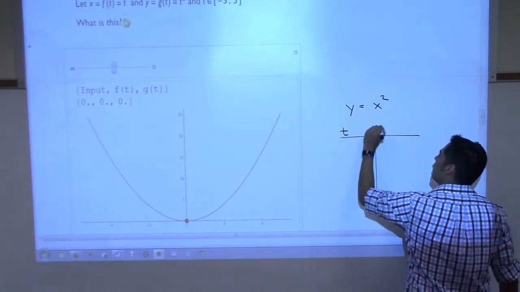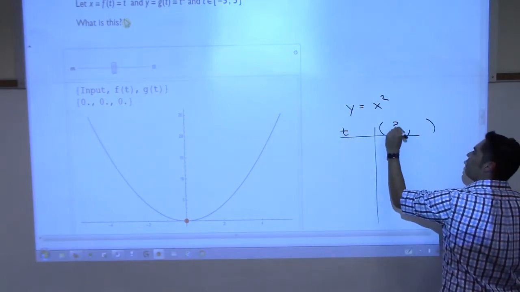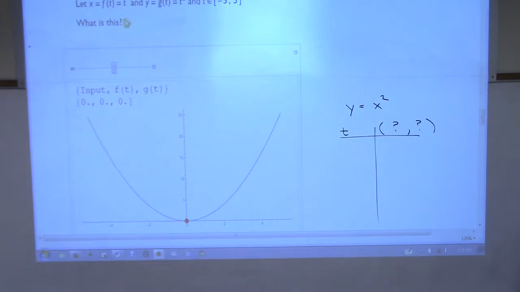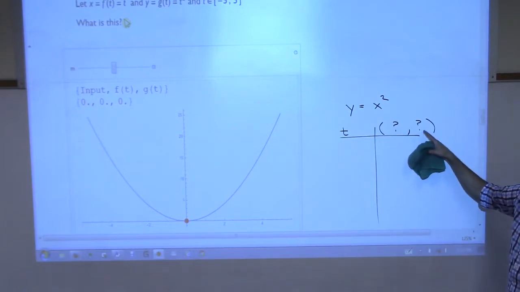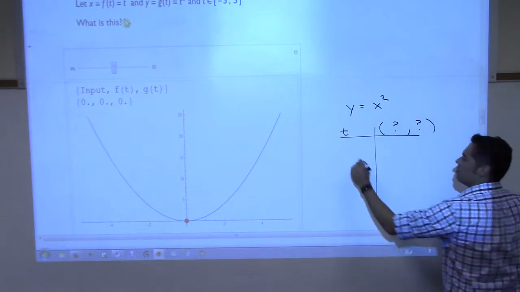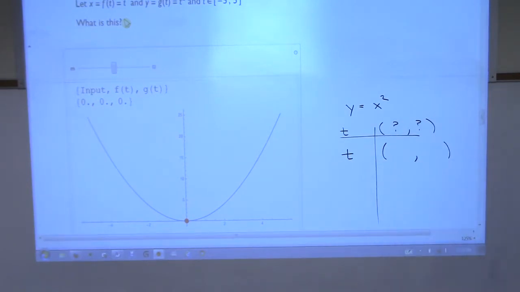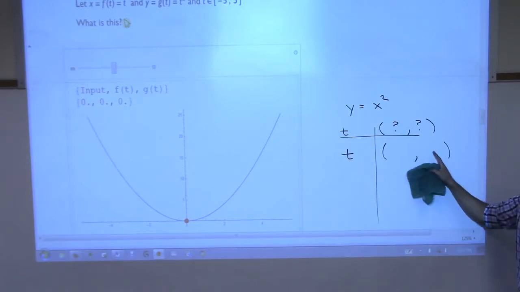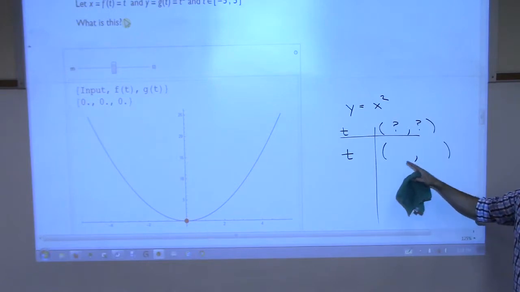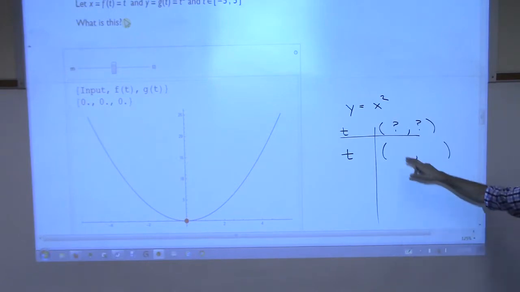Here's t. Here's our ordered pair that's going to come out. Can you draw that curve? Can you come up with these 2 pieces that will still draw this? So t is going to go in. What's going to have to come out? You're going to need 0, 0, then 1, 1. And what I'm asking are, what are these 2 individual functions going to have to be?